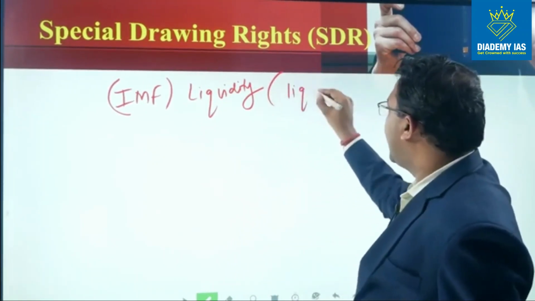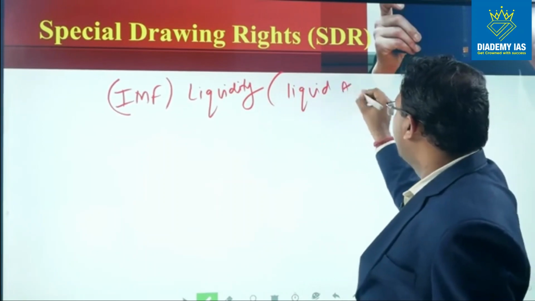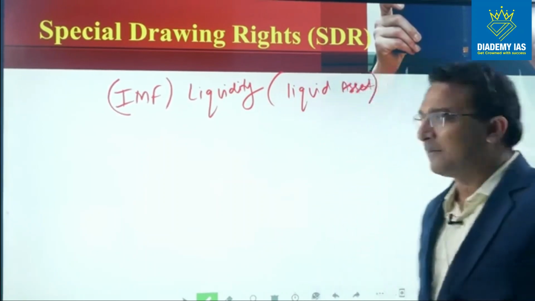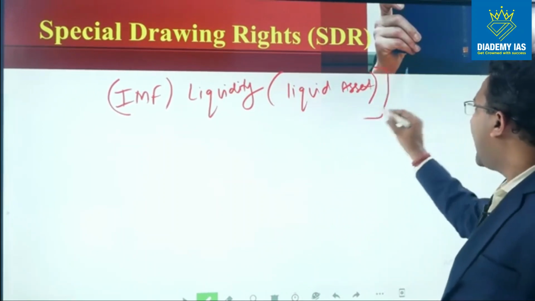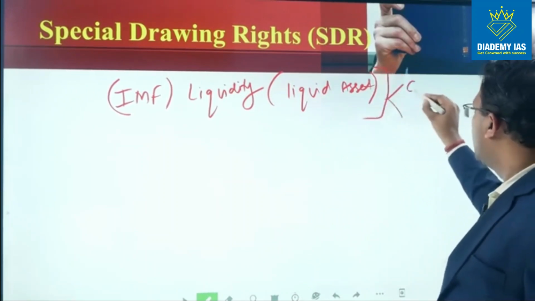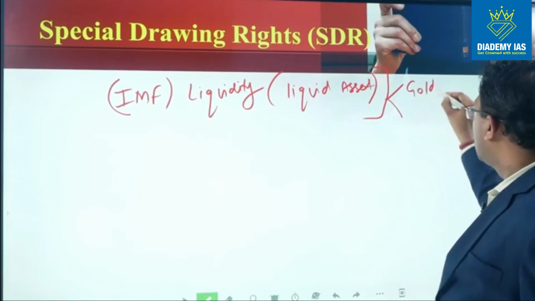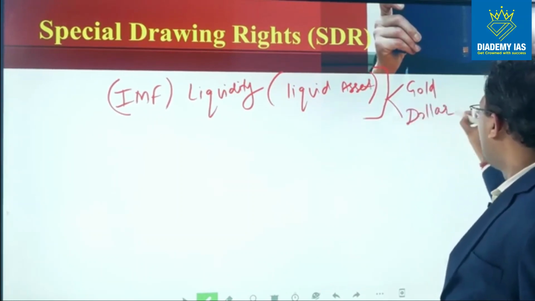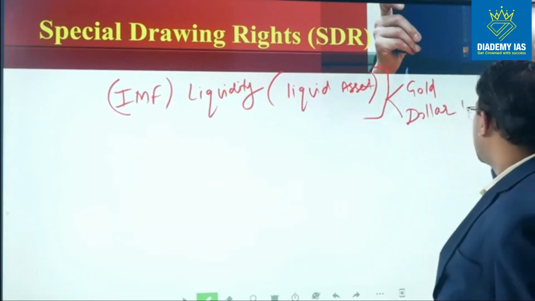We need a liquid asset, a common currency which can be utilized all across the world and which is acceptable all across the world. So we identified that there are two possible currencies. One is gold, another is the US dollar.